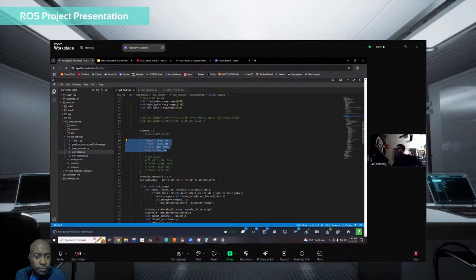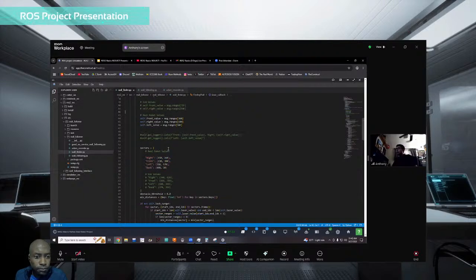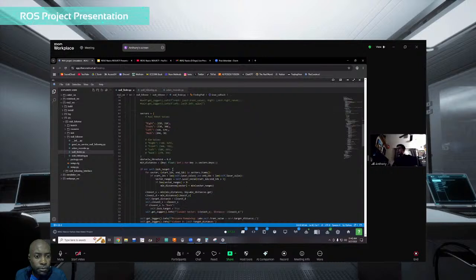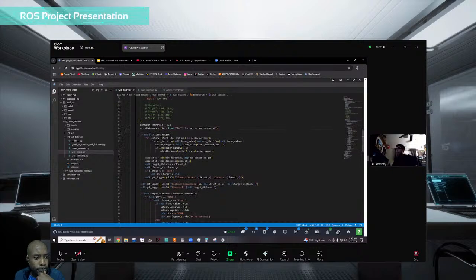After it scans the right here for all the ranges, I put the front, left, back, and right into sectors. Then, using a threshold of 0.8, because depending on where the robot is, it might detect an object over 1 meter away, I wanted it to be less than 0.8.